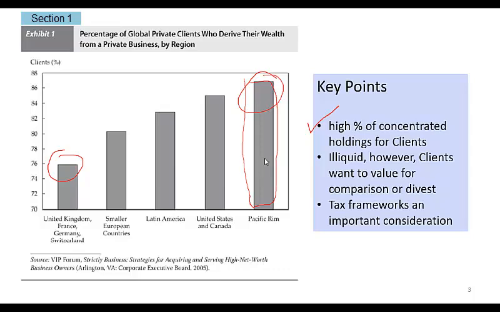Okay. The other thing, which is very important, is that concentrated holdings, from the perspective of this reading, are illiquid. So technically we're looking at situations whereby clients will want to either sell or monetize their assets to generate cash. And obviously, as we have discussed in reading 11 and reading 12, taxation is an integral part of portfolio management.